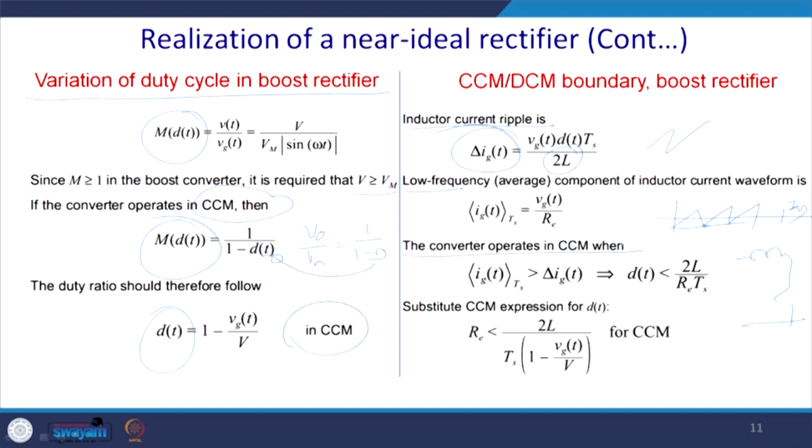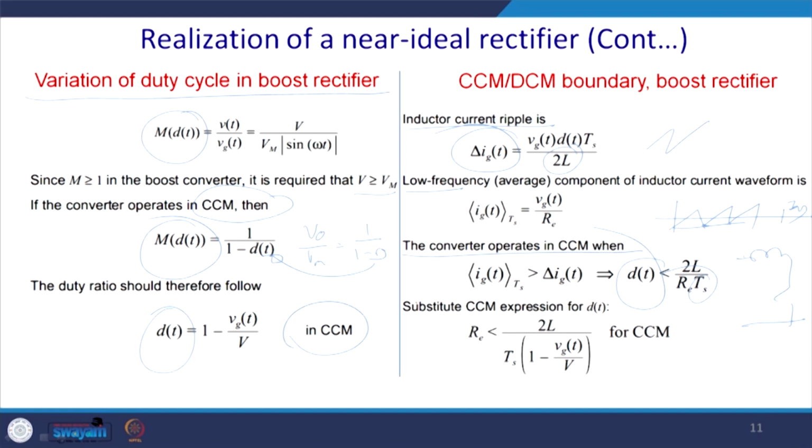The converter operates in CCM when ig of Ts is greater than Δig(t), and that is the limitation. So, that value is 2L by Re into Ts, where Ts is the inverse of the switching frequency, or you can take f in the numerator.